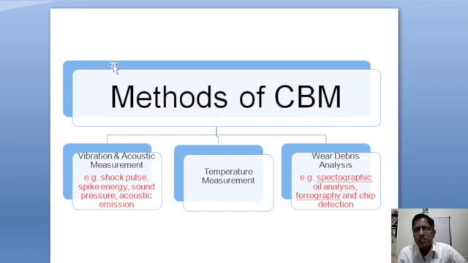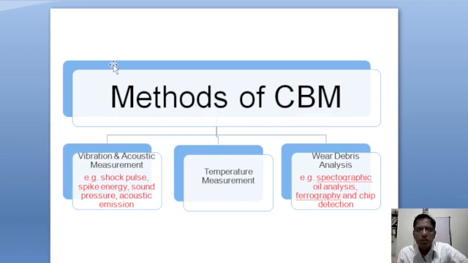These techniques are categorized into three categories. First is vibration and acoustic measurement, which includes shock pulse monitoring, spike energy analysis, sound pressure analysis, acoustic emission, vibration analysis, etc. Then the second category is temperature measurement, because whenever there is a deterioration in the machine, there is an increase in friction.